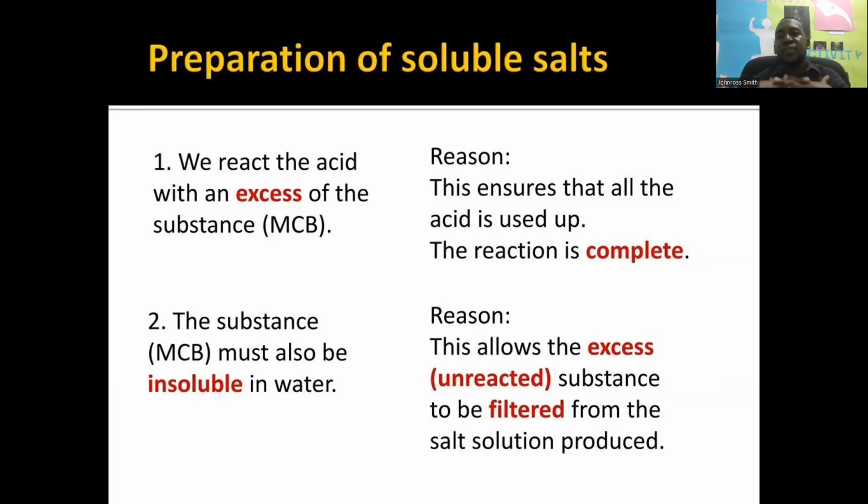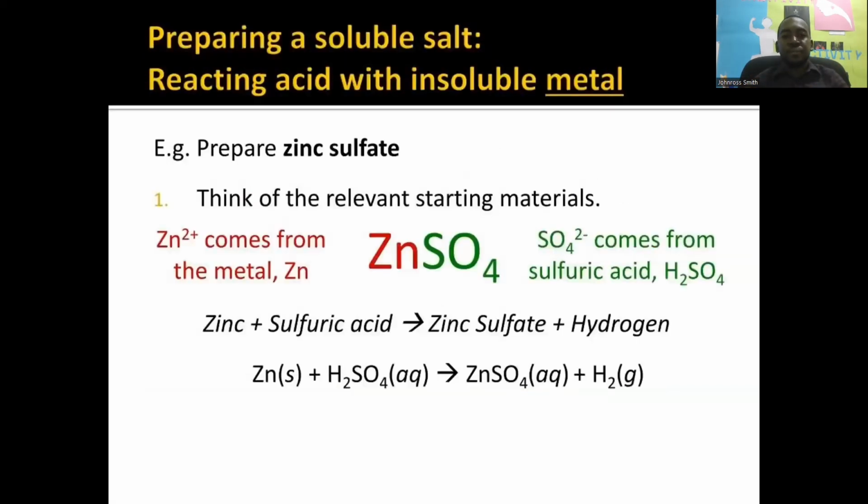The purpose of the excess is to ensure that we utilize all the acid in that reaction. The substance must also be insoluble in water to allow the excess substance to be filtered from the salt solution being produced. Because if we're adding excess of something, some of it will remain. We want that excess substance to be insoluble, so we can always filter it off from the salt that we're producing.